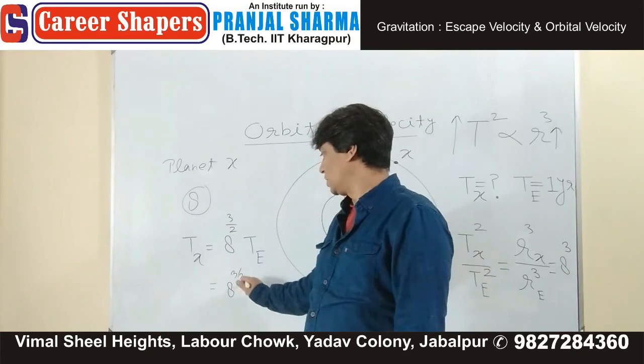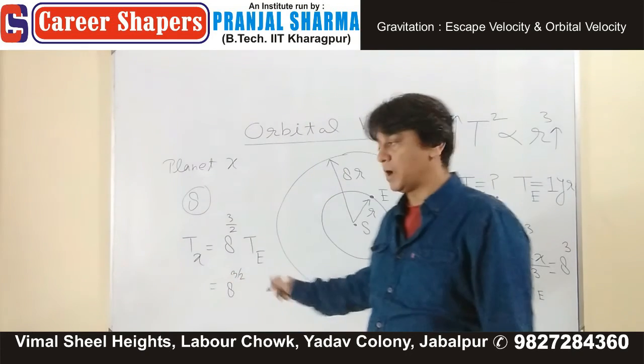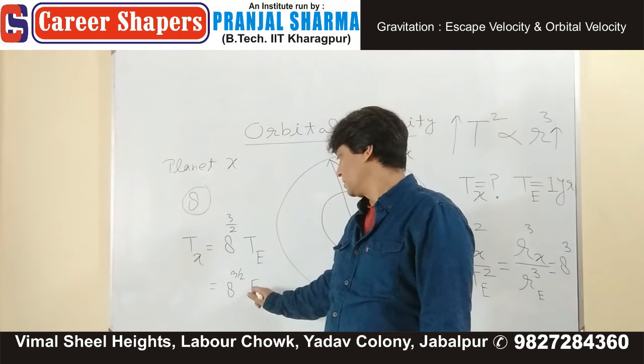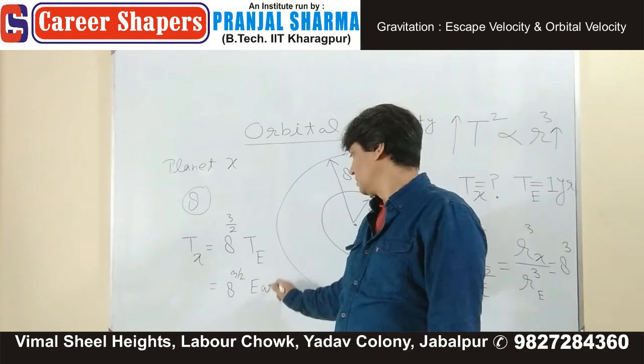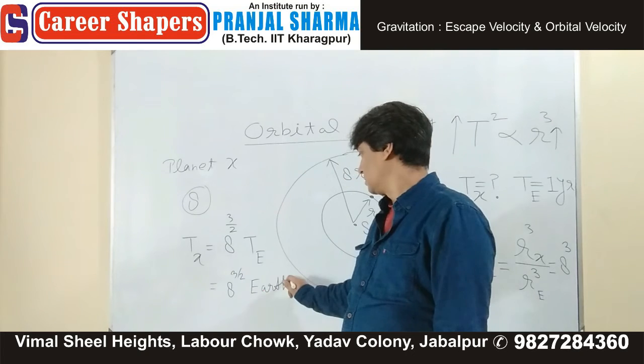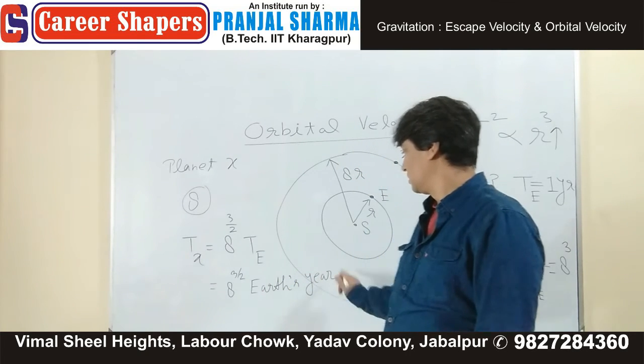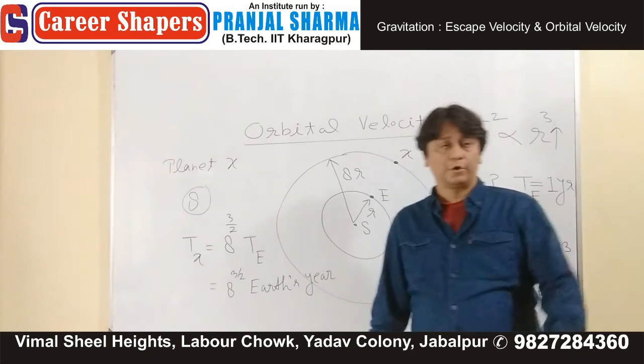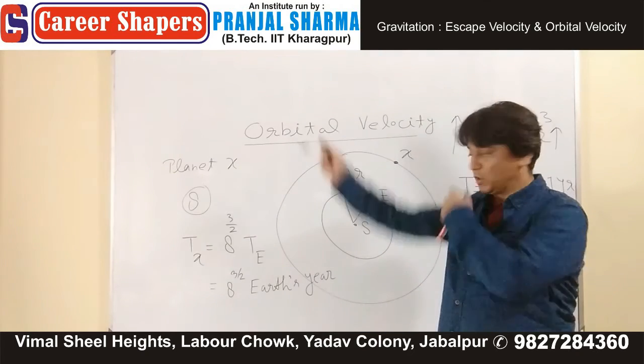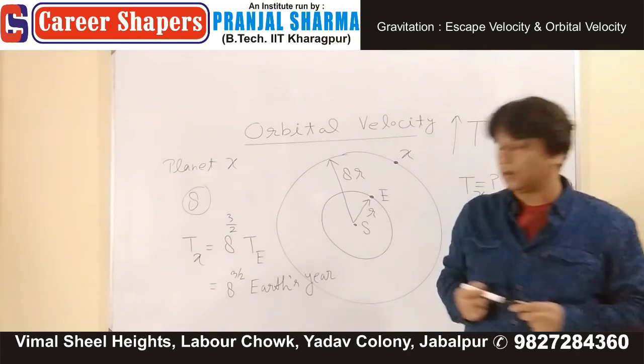So the answer is 8 to the power 3 by 2 Earth's year. So the duration of 1 year at that planet is 8 to the power 3 by 2 of Earth's year.